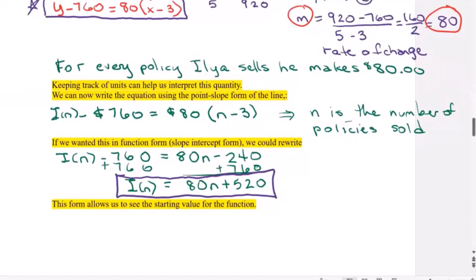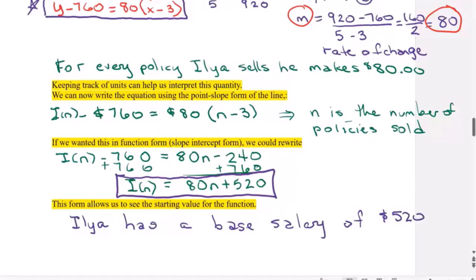This form allows us to see the starting value for the function. Now I can see that Ilya has a base salary of $520 per week.